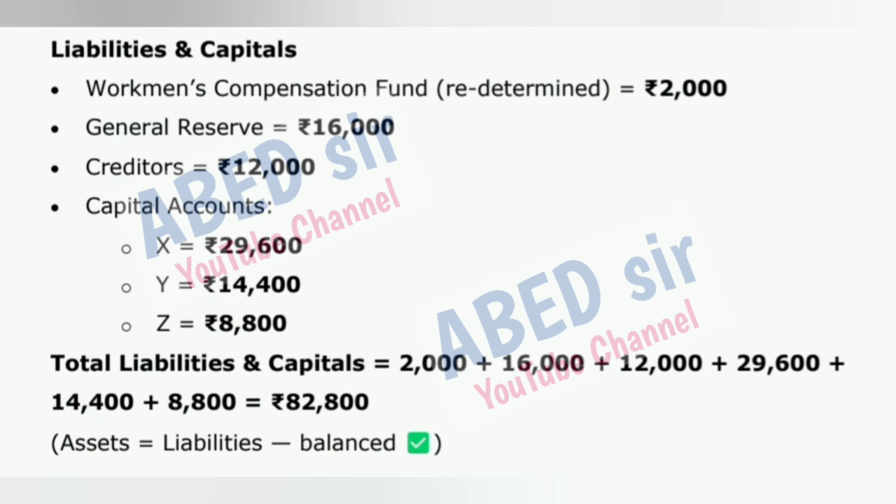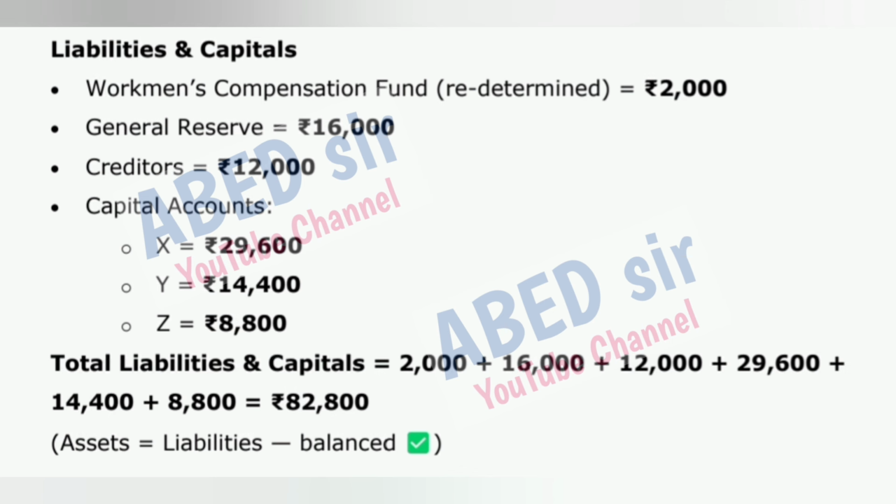Liabilities and capitals. Workmen's compensation fund, redetermined, is equal to 2,000 rupees. General reserve is equal to 16,000 rupees. Creditors is equal to 12,000 rupees. Capital accounts. X is equal to 29,600 rupees. Y is equal to 14,400 rupees.